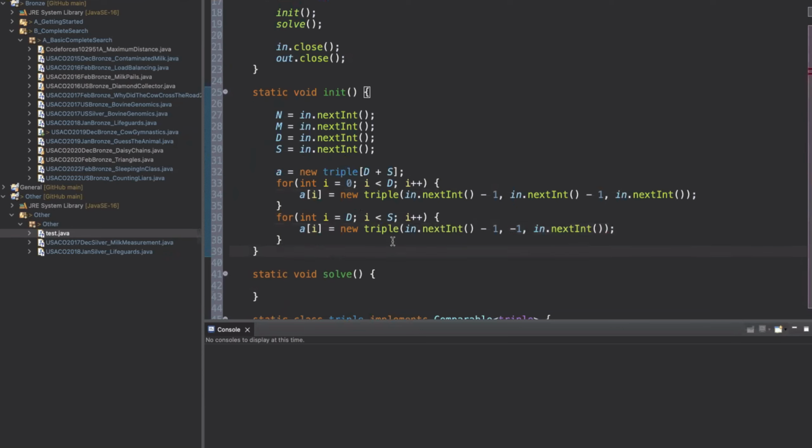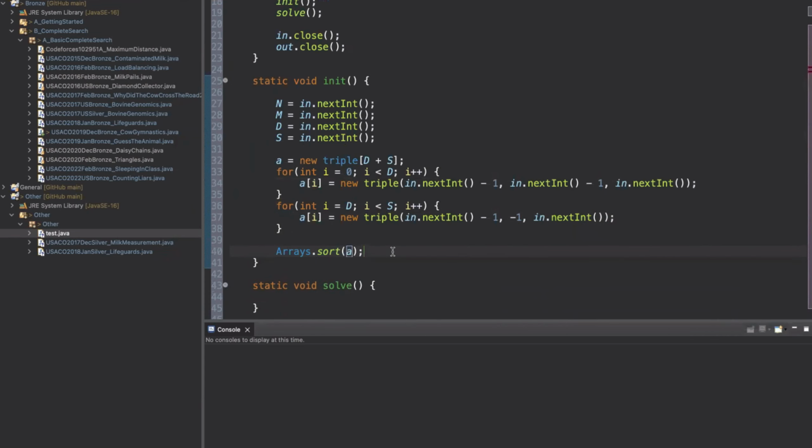Then after that, we have to remember to sort the arrays so that after initializing it, we actually order these events in the order of the time that they occurred.